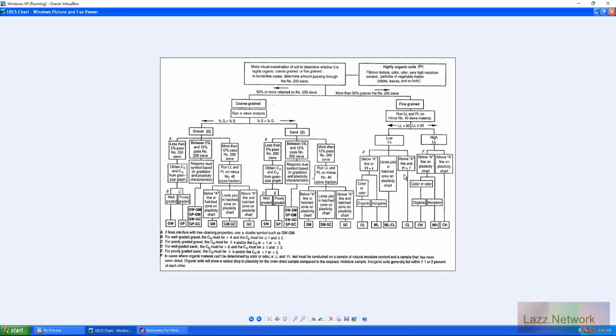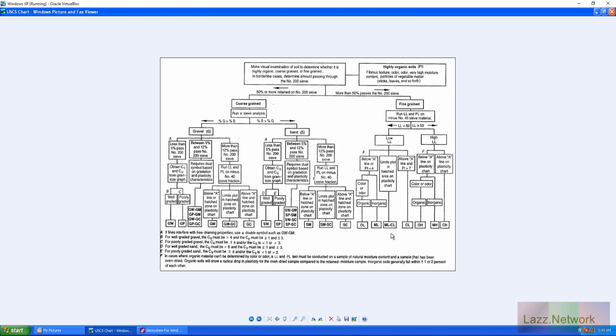And then of course, if it's above our A line, then it's just CL. So you can kind of see how all this is working. So we have our default class itself, like GP, GW, SW, SP, or ML in general, or OL, depending if it's organic or not. I shouldn't exclude that.